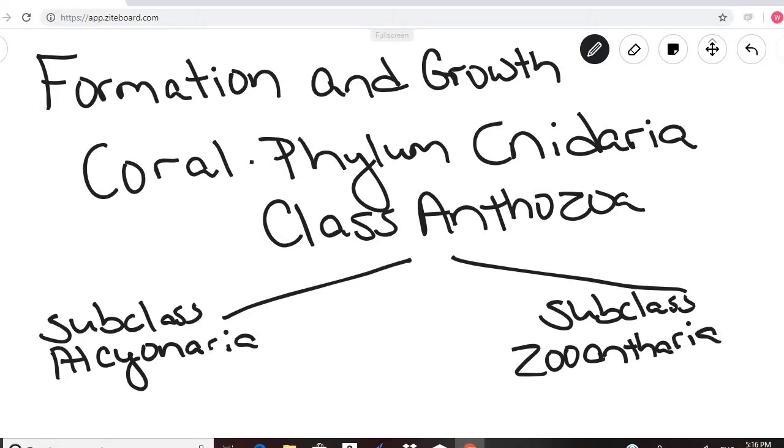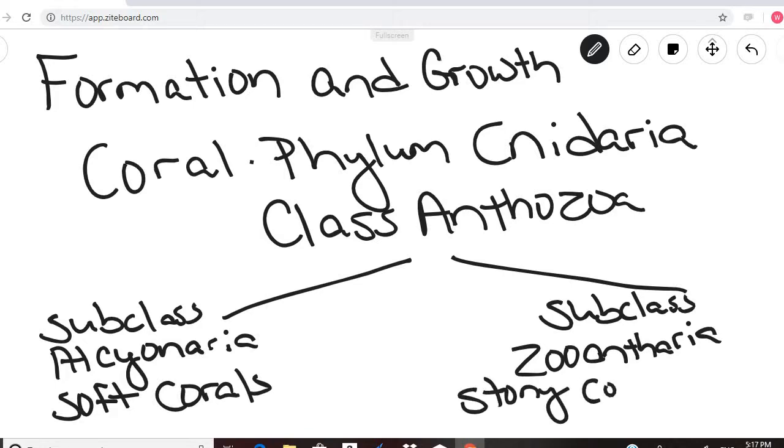In subclass Alcyonaria, this is more of your soft corals. So in other words, they don't produce the calcium carbonate. And then over here, this is more of the hard coral, or what is called stony coral.